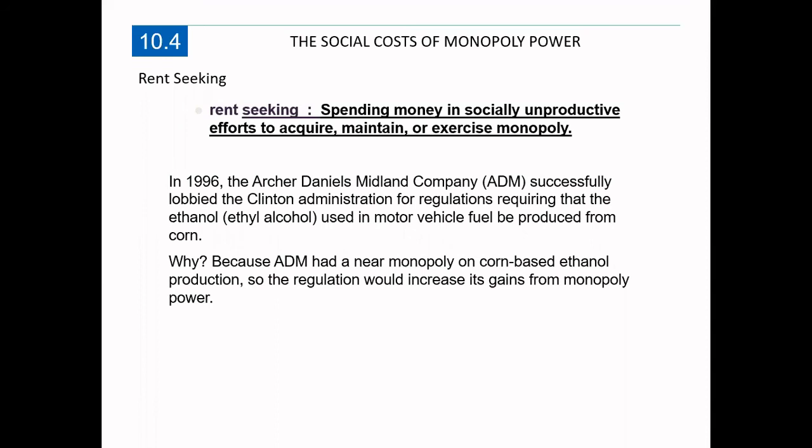And in 1996, we have seen this. ADM Company successfully lobbied the Clinton administration on requiring ethanol. What do you mean by ethanol? Ethanol is one of the most important products from which they can create fossil fuel or more vehicle fuel to be produced. So we want to monopolize getting the ethanol from the corn.